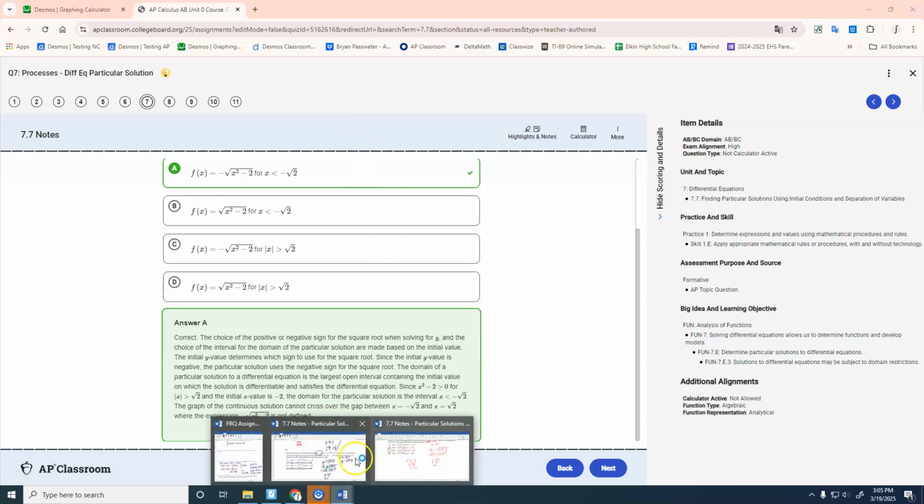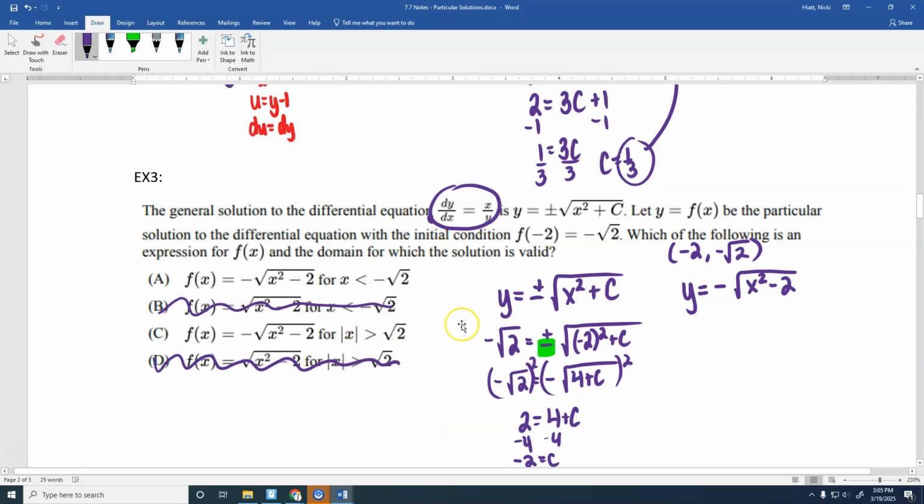Let me explain this real quick and I'll let y'all pick back up. So for this, underneath the square root, whatever you have has to be greater than or equal to 0, right? So x squared minus 2 has to be greater than or equal to 0, which means x squared has to be greater than or equal to 2.